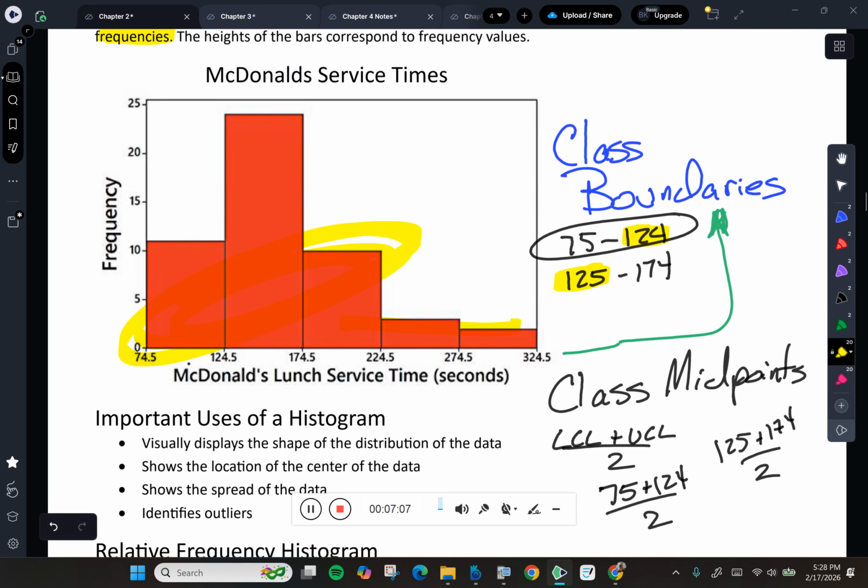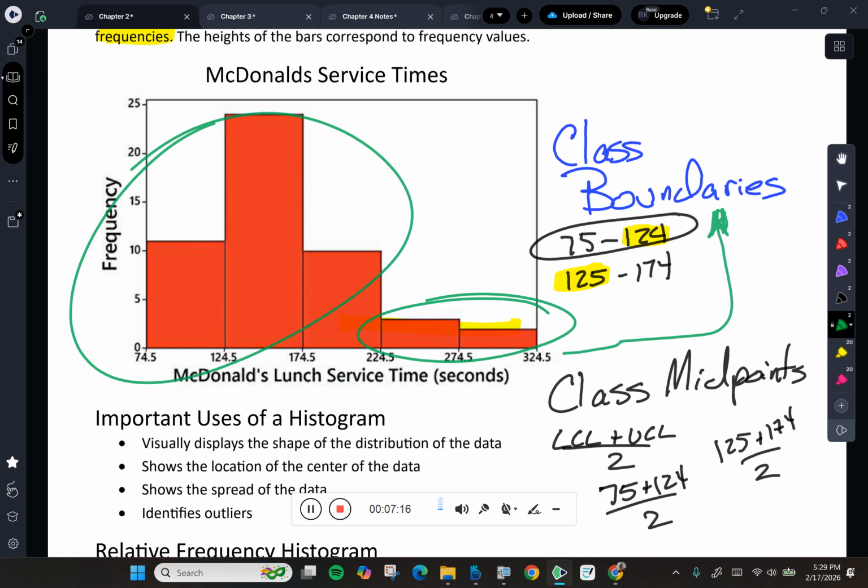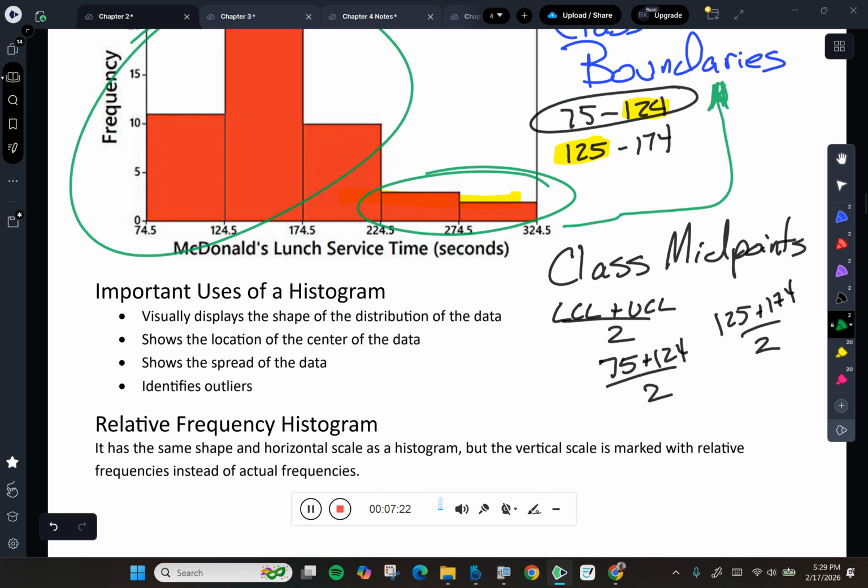That's where the data is. Everything bigger than that, all of this stuff out here, nobody cares, because the frequencies are so small, it rarely happens. Here's where most people live. And that's the whole purpose of this. I just want to be able to see that. So it shows the location of the center. It shows how the data is spread out. Right side is really spread out. Left side is not spread out.